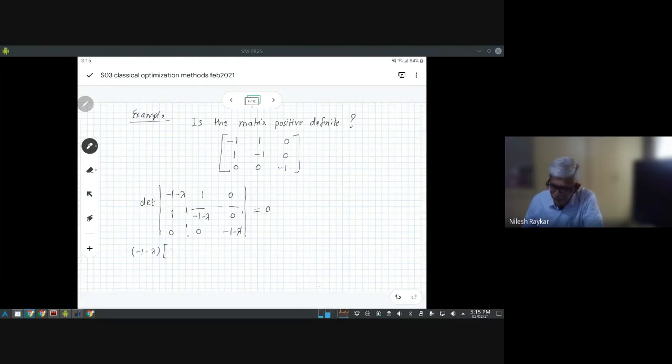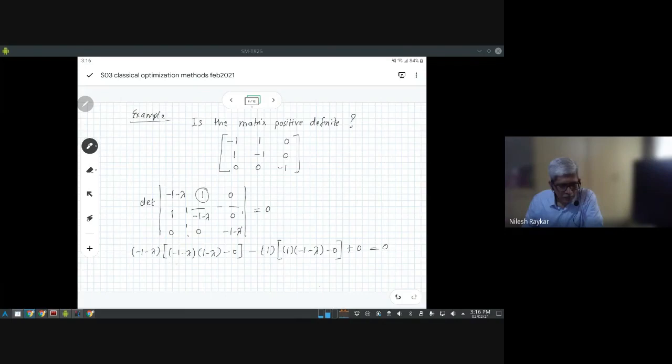So that is -1 minus lambda, 1 minus lambda, minus 0, minus of 1. So now we are talking about this, into, in the bracket, 1 into -1 minus lambda, minus 0 plus 0, equal to 0.